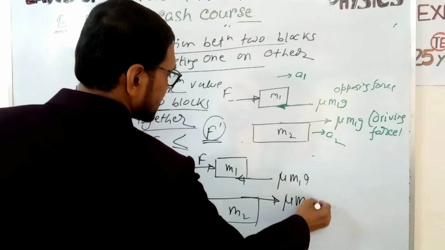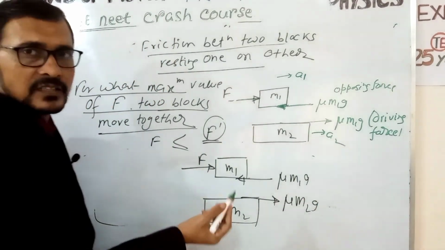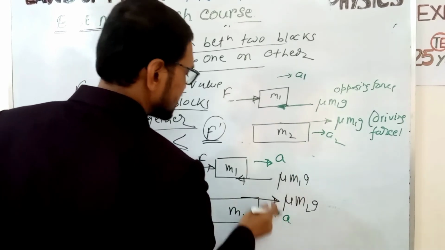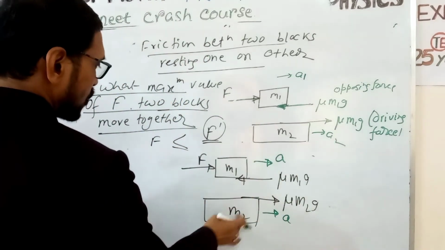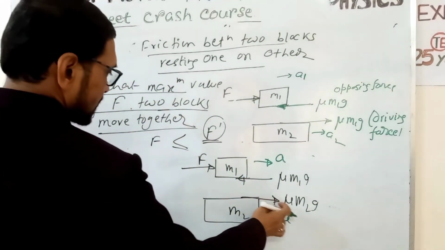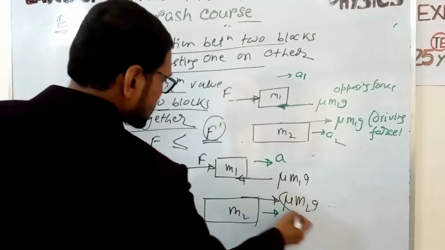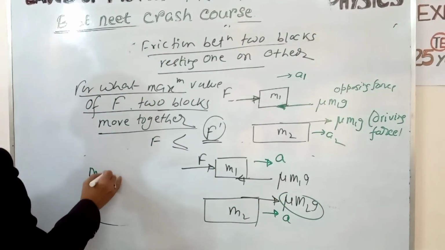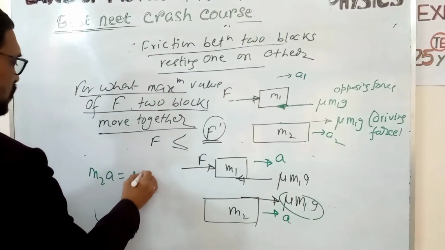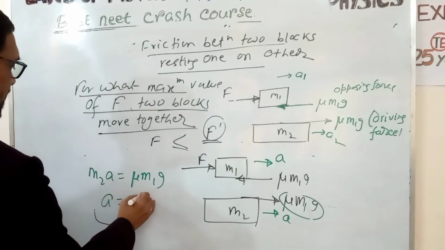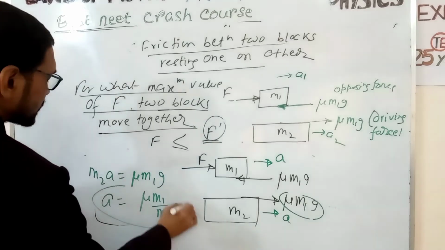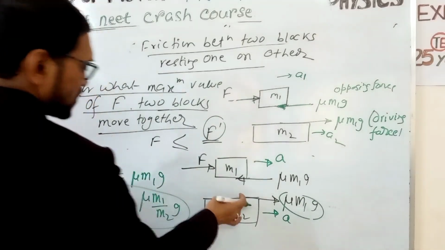Now the two blocks move together, suppose the acceleration is a, so for both blocks acceleration will be the same. Here m2a equals mu m1g. From this we get a equals mu m1 by m2 into g.